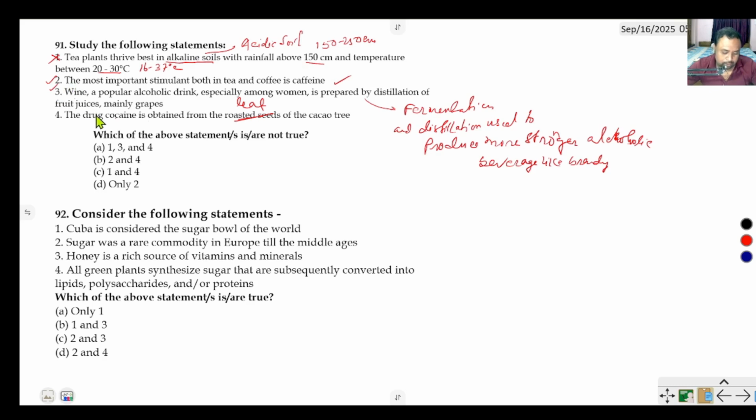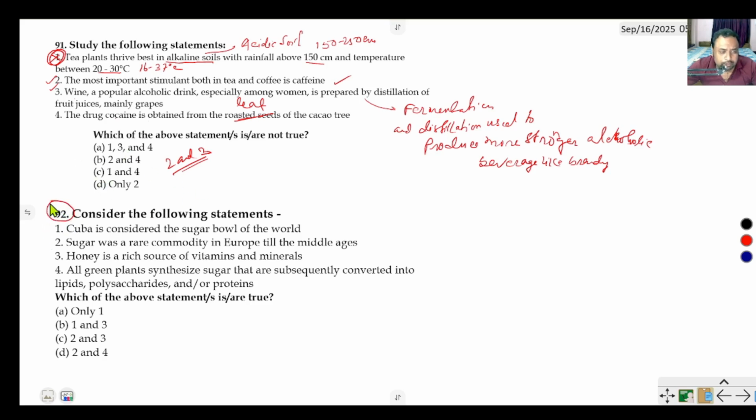The correct option of this question is 2 and 3.